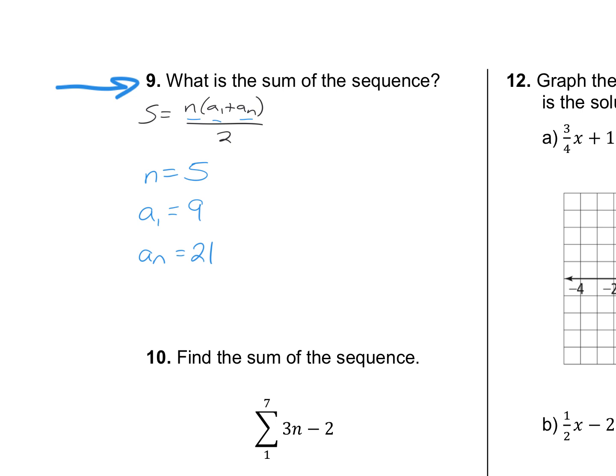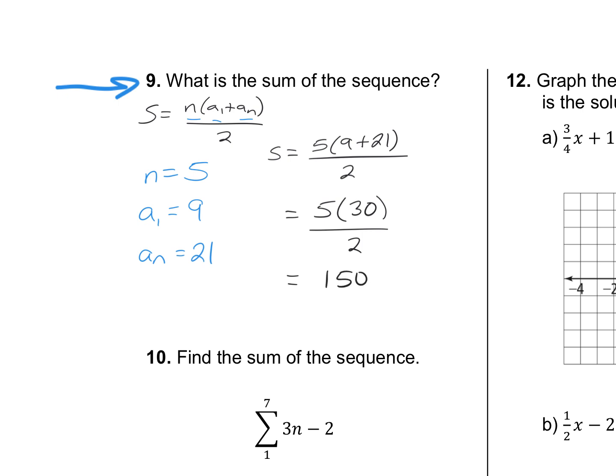Yes. So plugging that in, we have 5 times (9 plus 21) divided by 2. What needs to happen first? 9 plus 21 is 30, which is 150 divided by 2, 75. So our sum of that sequence is 75.